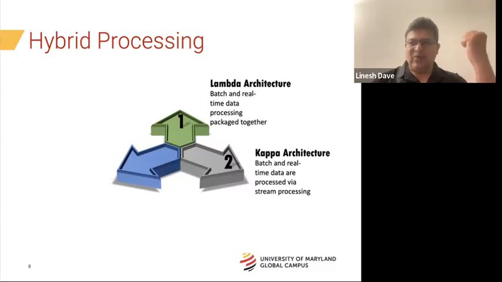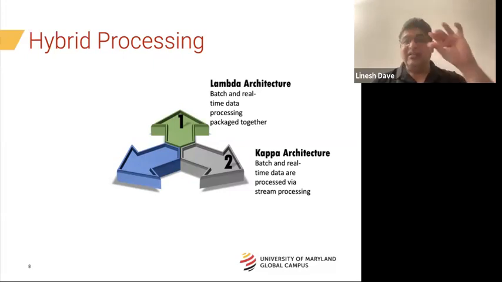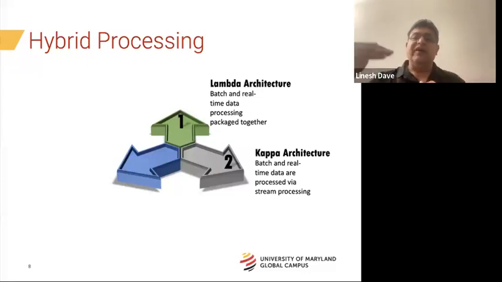You just have one channel to bring in your data, right? So in the Lambda, you have both a batch channel and a stream processing channel. In Kappa architecture, you have only a stream processing channel that is going to have data for both batch processing and real time. And then once it passes through, you make a decision of where this needs to be passed through, right? That's Kappa architecture.